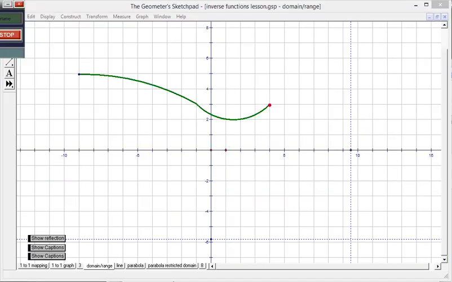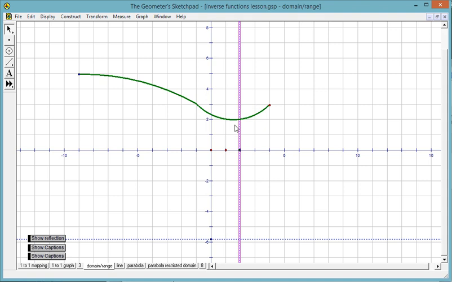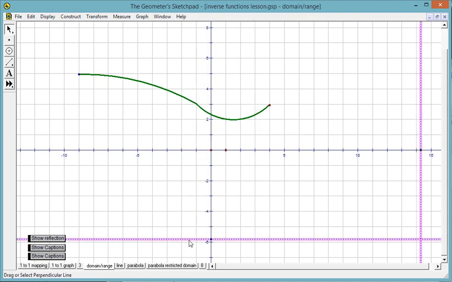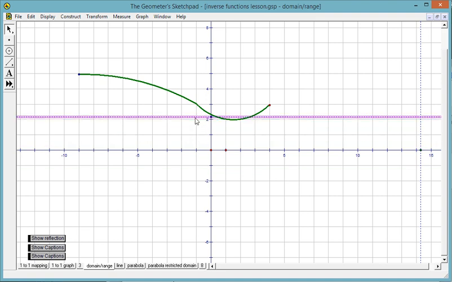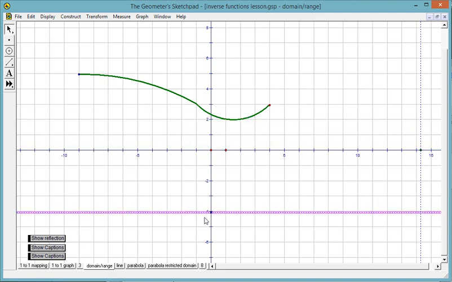So we'll look at just one more example where I can change this around. So this is a function. You notice that it passes the vertical line test. Does it pass the horizontal line test? No, because it crosses in those two places right there.